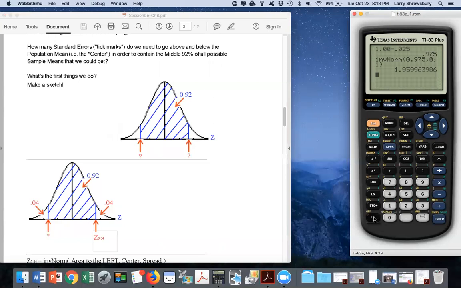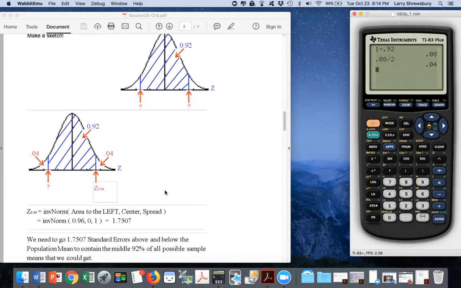So subtract. Take the entire area under the curve, subtract whatever that middle percentage is. That's what the 2 tails add up to, so divide that by 2, and you know what's in each tail. We got 4% in each tail.